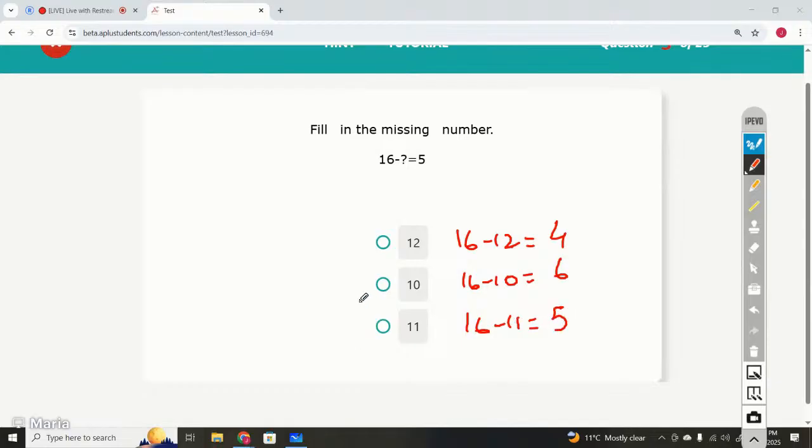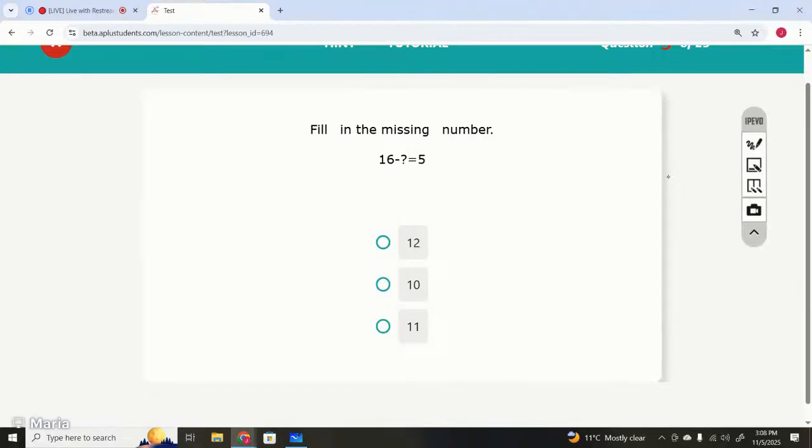So option number 3 is the correct option, because 16 minus 11 equals 5. Got it?